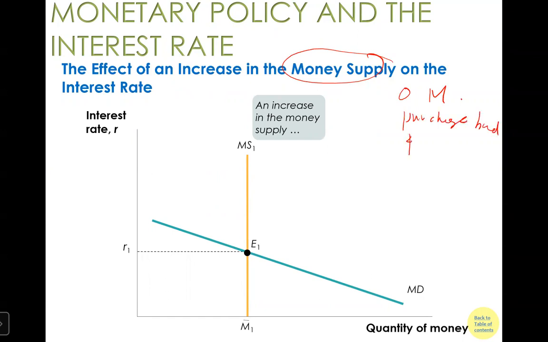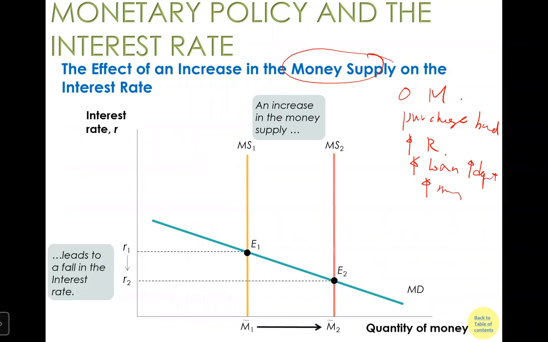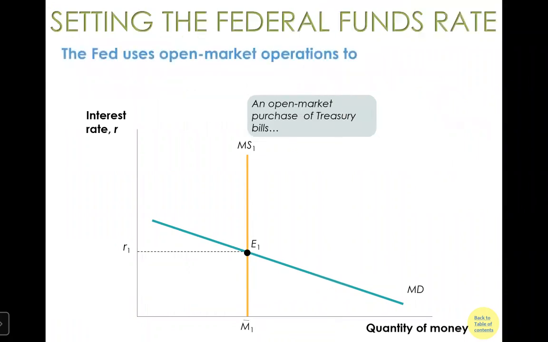This is going to increase the reserves of the commercial banks. That's going to increase loans, increase deposits, and then increase money. So that's how they increase the money supply. Now the money supply moves to the right, and you can see the interest rate will fall.